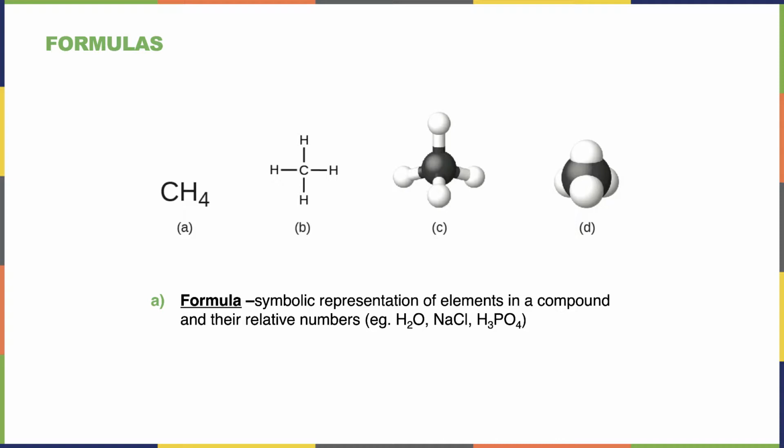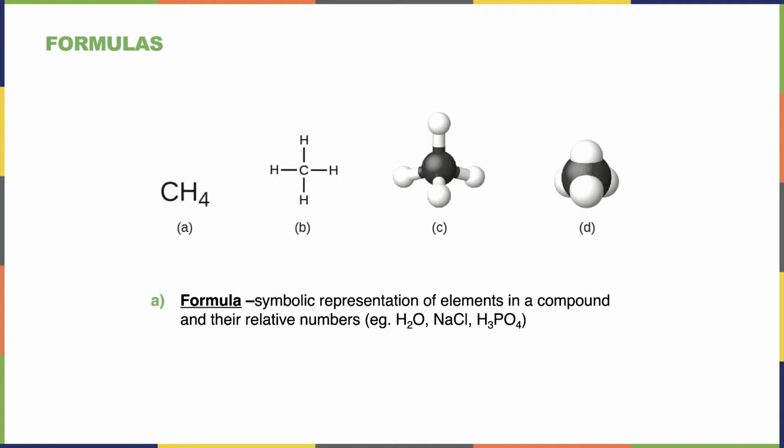And the formula gives you what elements are within a pure compound and the ratio of those elements. So for example, water is a compound in which each molecule contains 2 hydrogen atoms and 1 oxygen atom. Sodium chloride, or table salt, is a compound that contains 1 atom of sodium and 1 atom of chlorine.